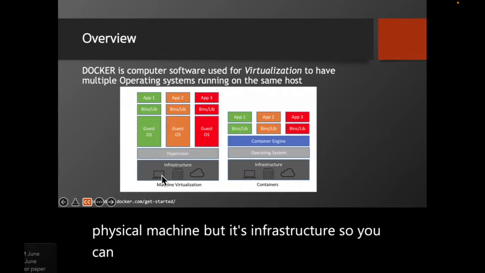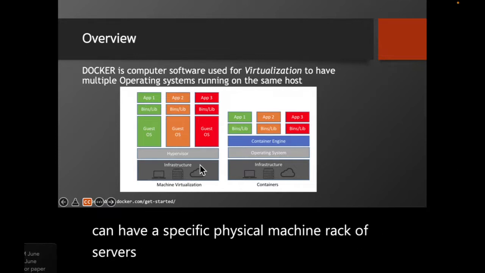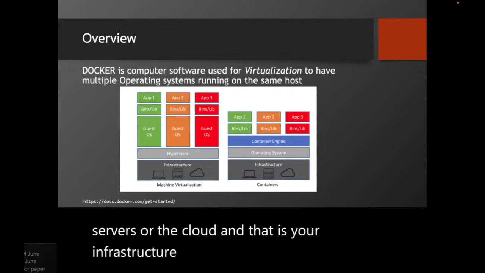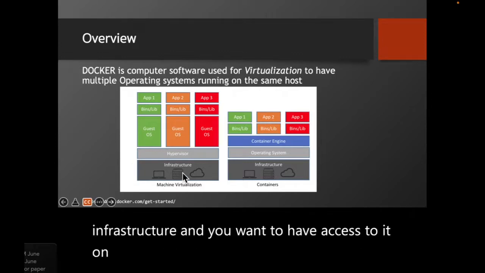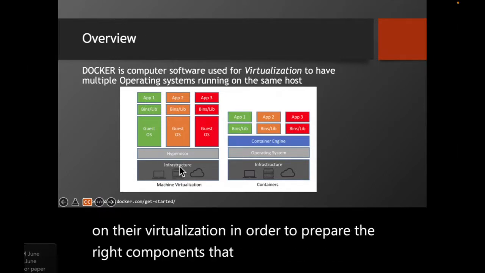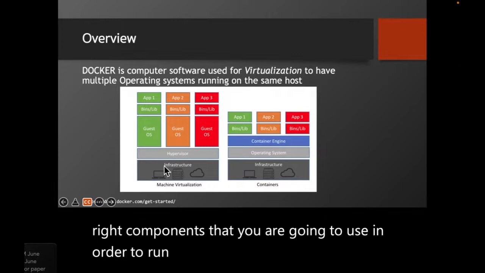So you can have a specific physical machine, a rack of servers, or the cloud, and that is your infrastructure, and you want to have access to it under virtualization in order to prepare the right components that you are going to use in order to run your applications.